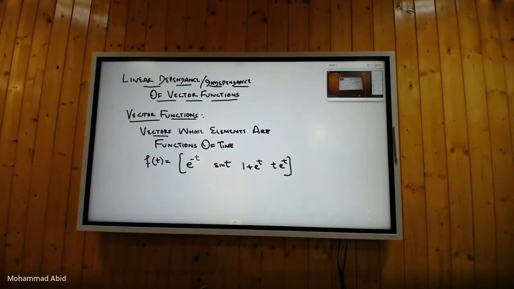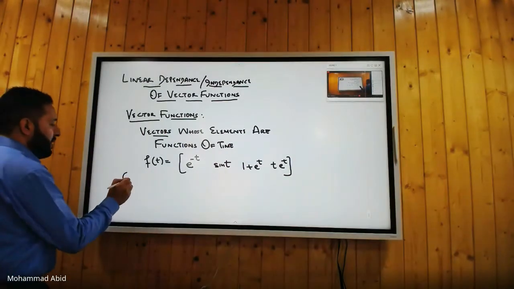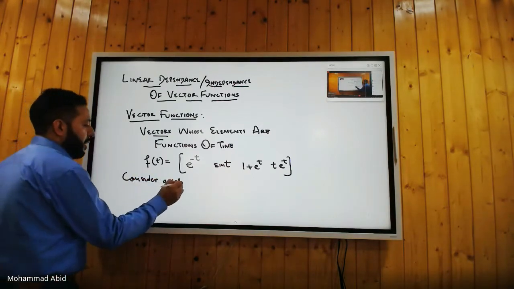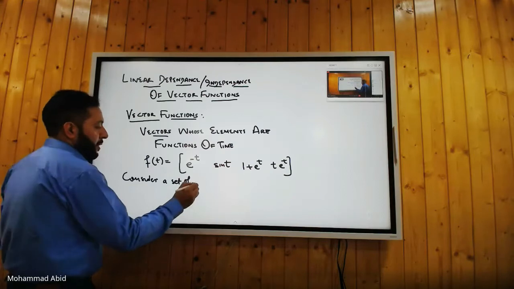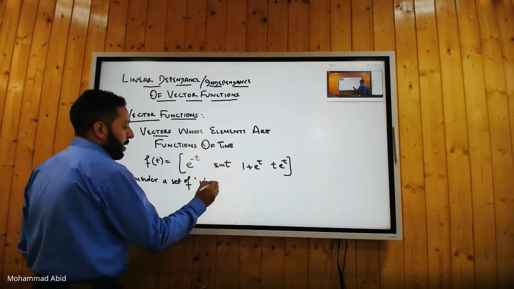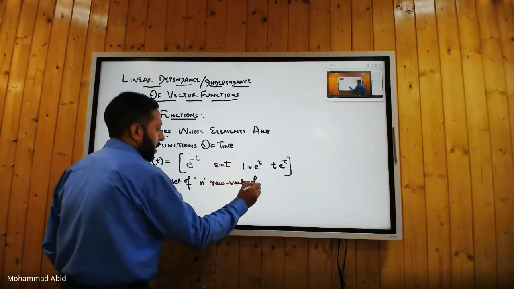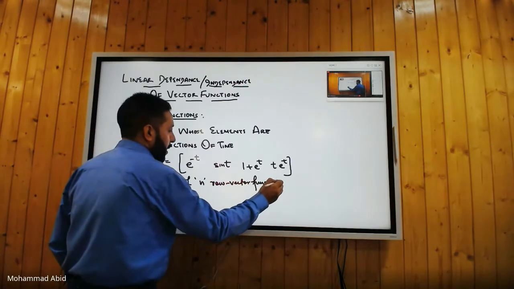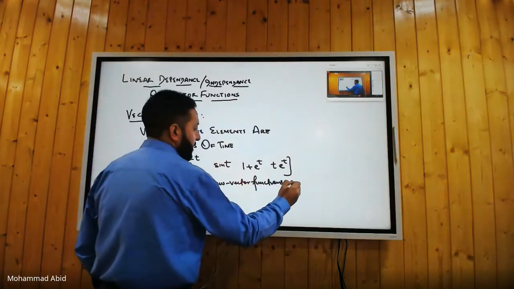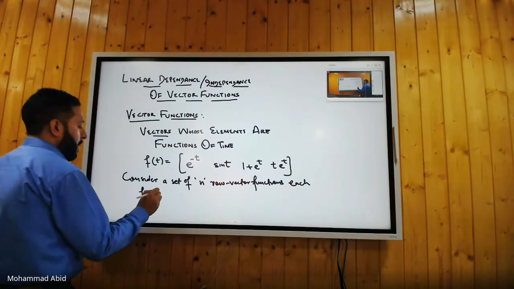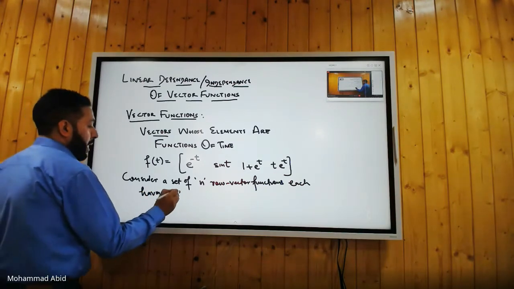So we'll consider a set of n vector functions, each vector function having m components. Consider a set of n row vector functions, each having m components.